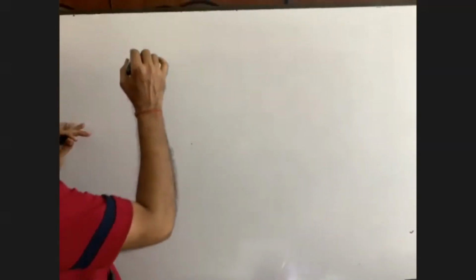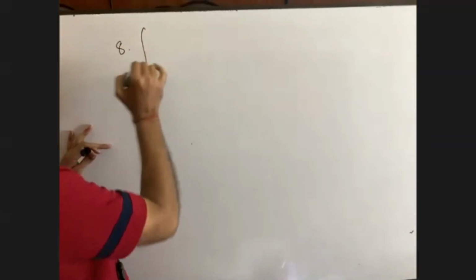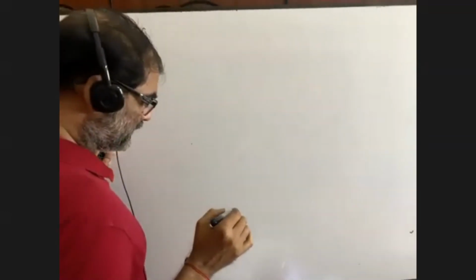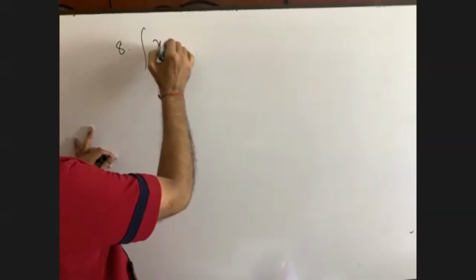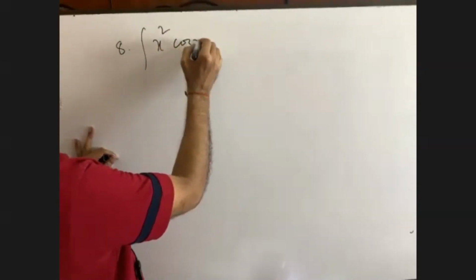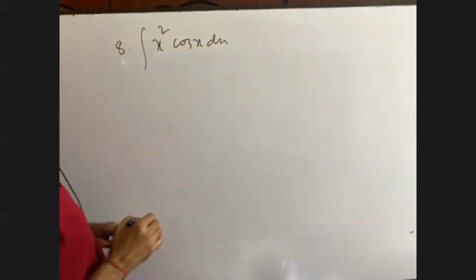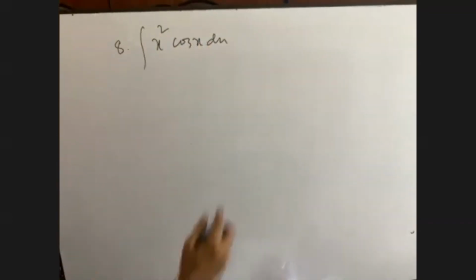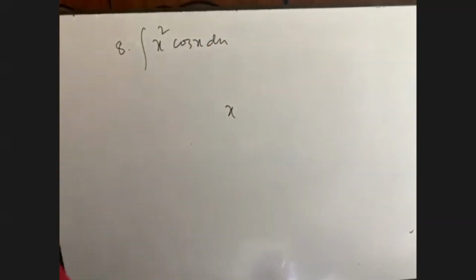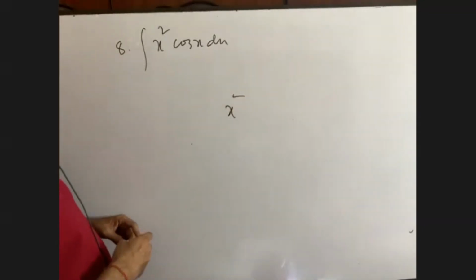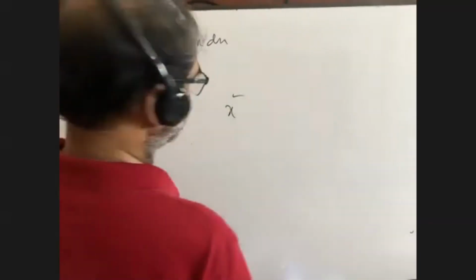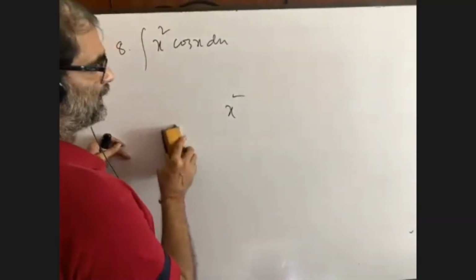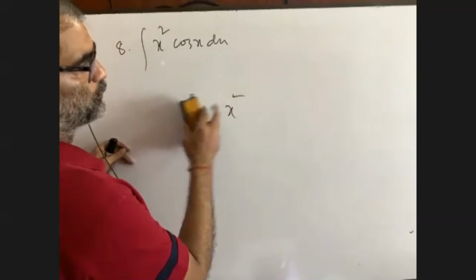Then we are getting another type of question, that is x square cosine x. Up to question number 7, we had only x. But from question number 8, we are getting x square. So think mentally that you have to integrate 2 times as it is power 2.